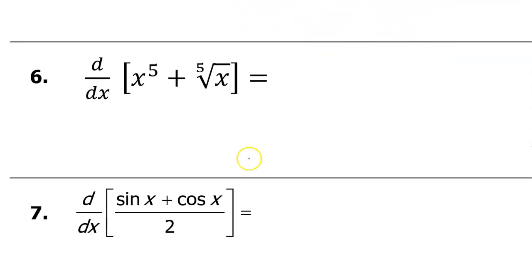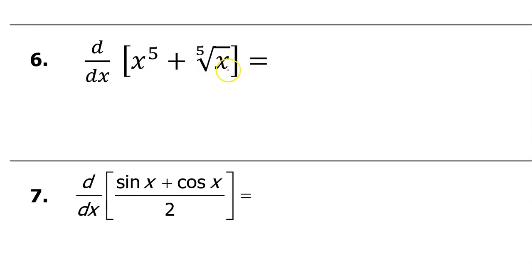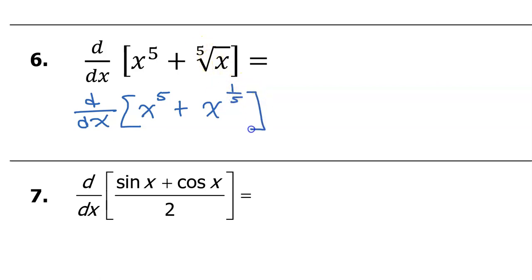All right, problem number 6. I am going to rewrite this slightly so that I can do the power rule more easily. So I'm going to think of this as x to the 5th power plus x to the 1/5 power. The 5th root of x is the same as the 1/5 power. So now I can just take the derivative of each term separately using the power rule.